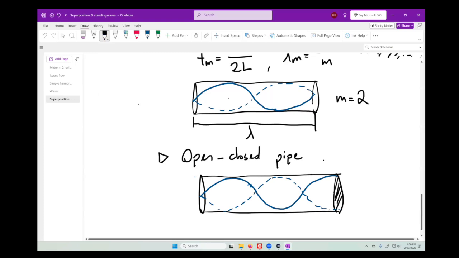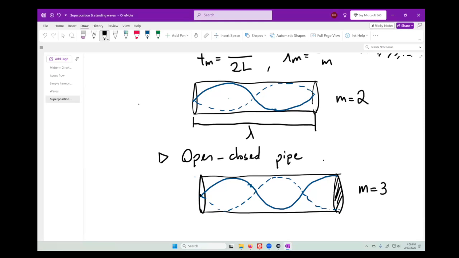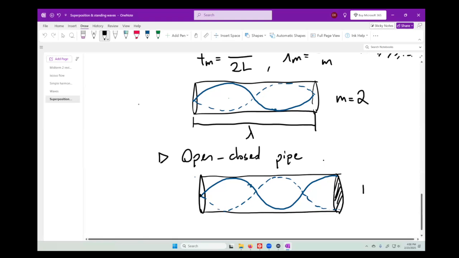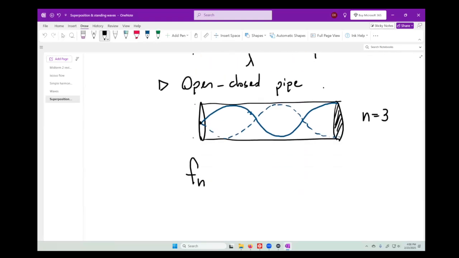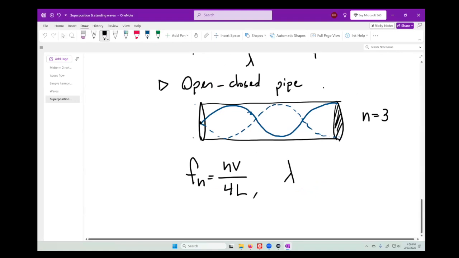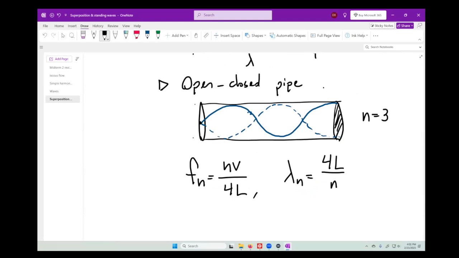Okay. And in this case, we only get odd harmonics because we need to go from a node at one end to an antinode at the other end. So here this would be like n equals 3. And we get frequencies that are like nv over 4L, wavelengths that are like 4L over n.